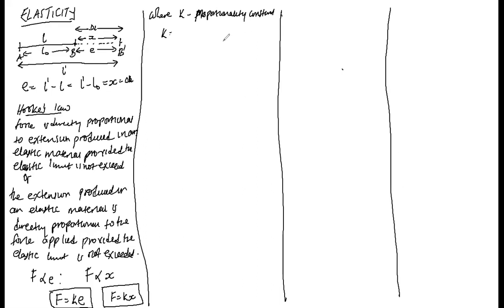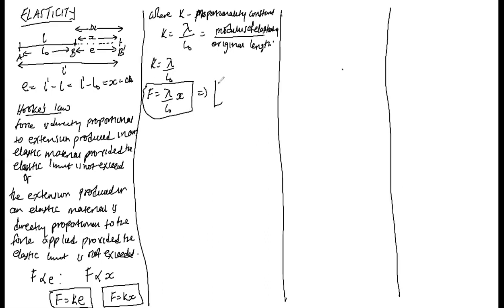So in this regard, always k is lambda over L naught. So we can say force is equal to lambda over L naught times x.